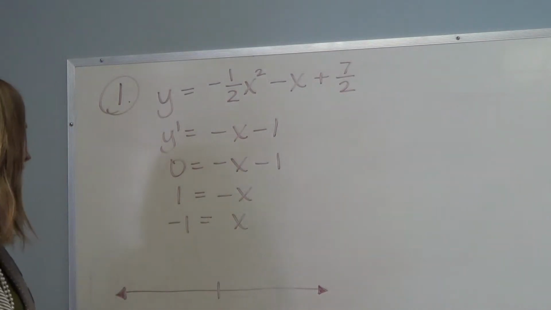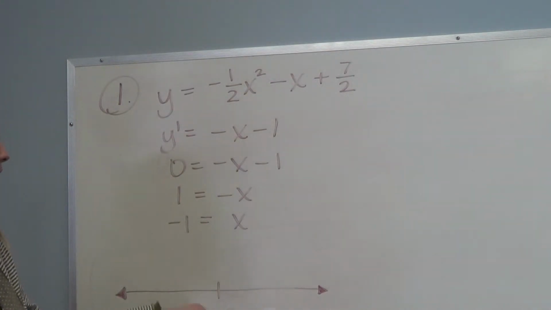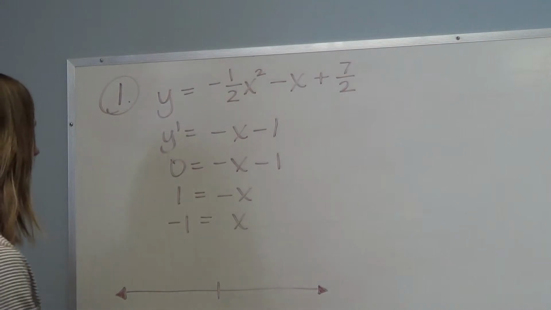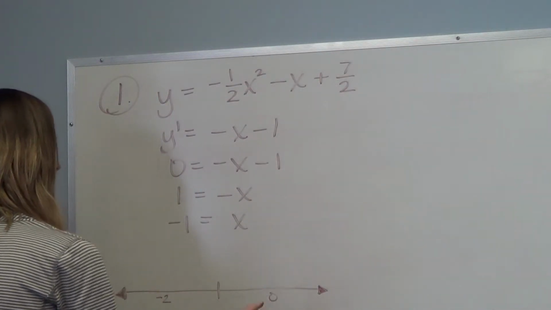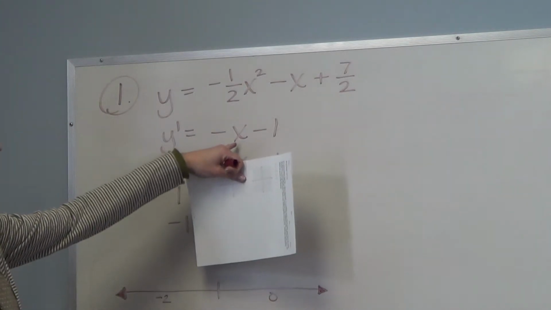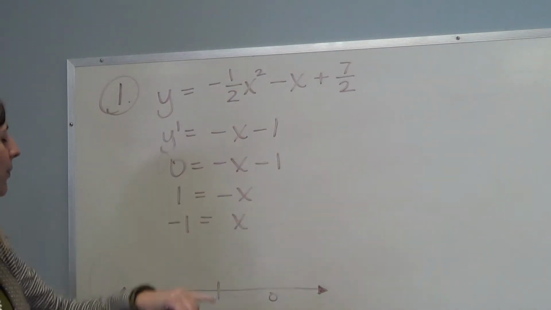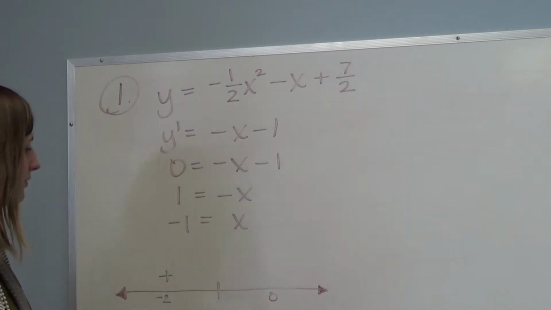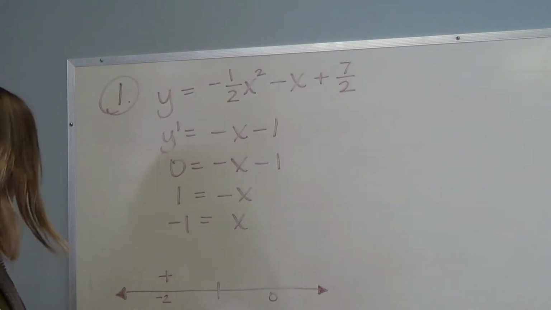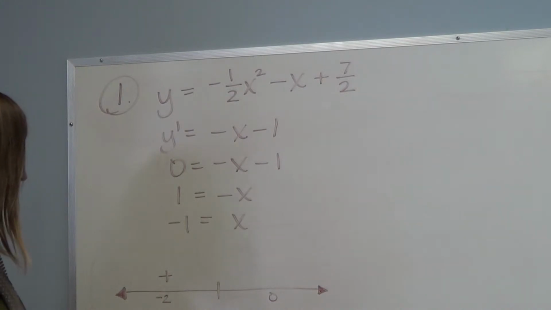Okay, so using the first derivative, if I put -1 in, or a point less than -1, like -2, I would get a positive. If I put it into the derivative, that's why I wrote first derivative.